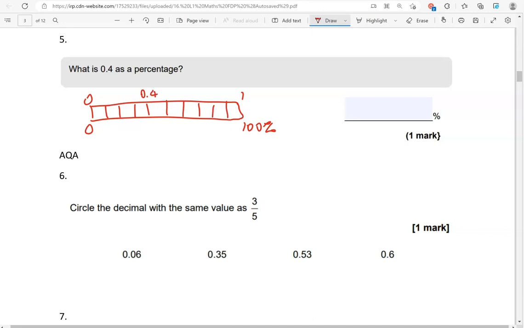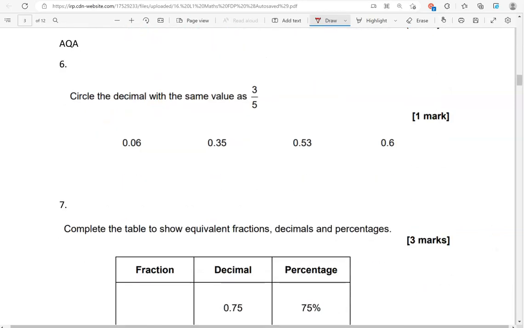In terms of a percentage, that's 10, 20, 30, 40%. When you've got 0.4, if you want to put 2 digits so that you can link it to pence, you can just put a 0 after that. It doesn't make any difference because 0.40 is equal to 0.4. So that would be then 40%, just like 40 pence.